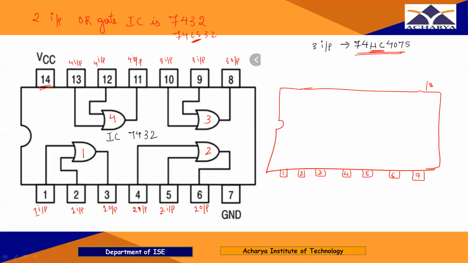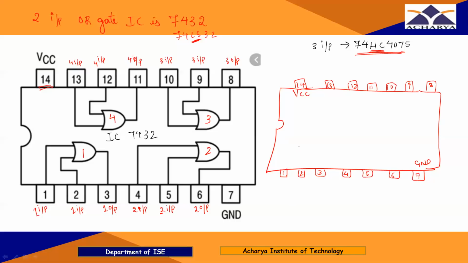For 8, you have to start from this side. 8, 9, 10, 11, 12, 13 and 14. As I've already told, pin number 7 is ground and pin number 14 is VCC.